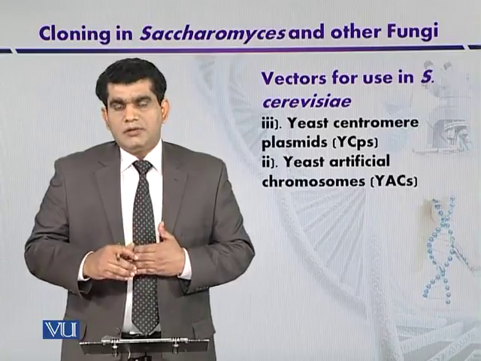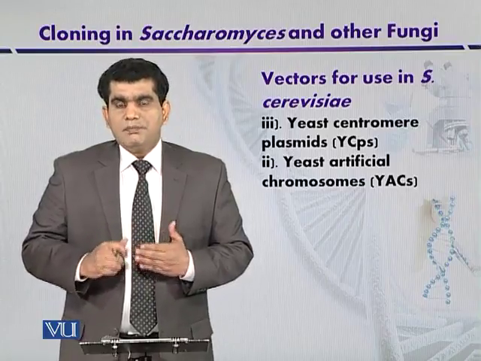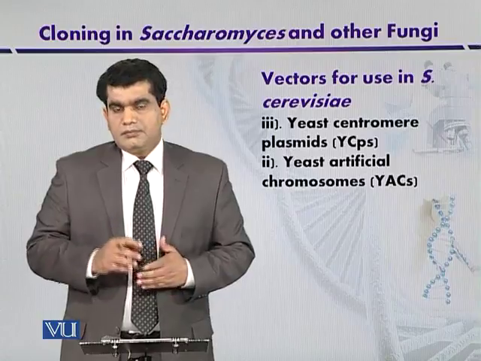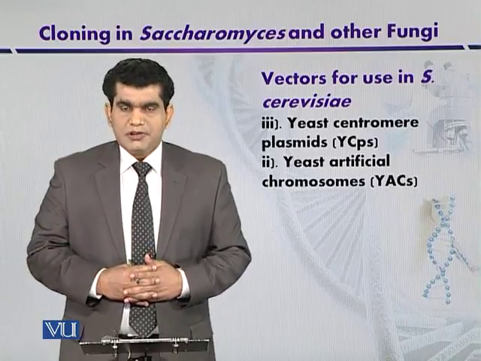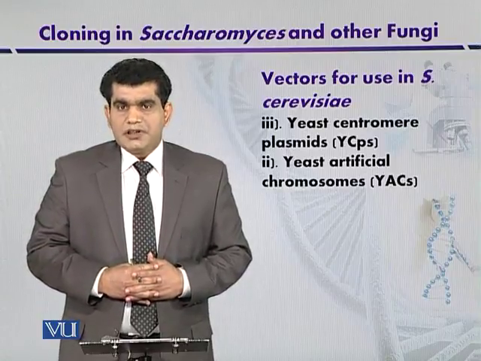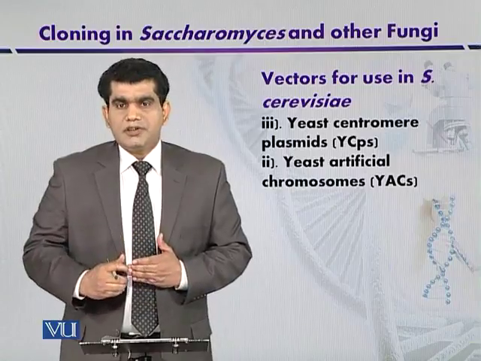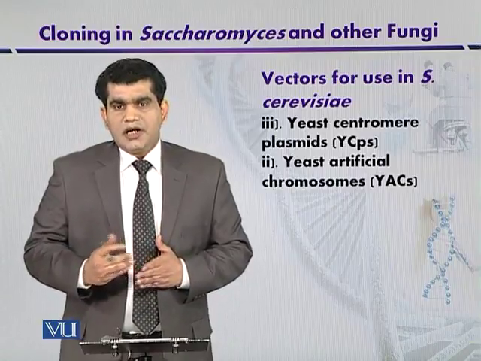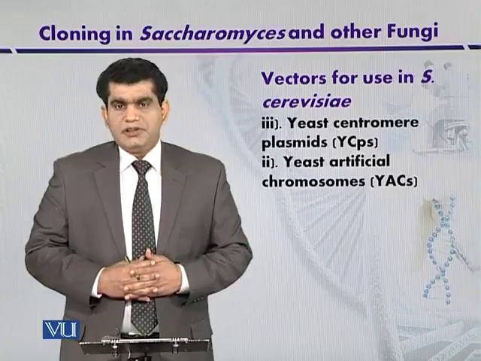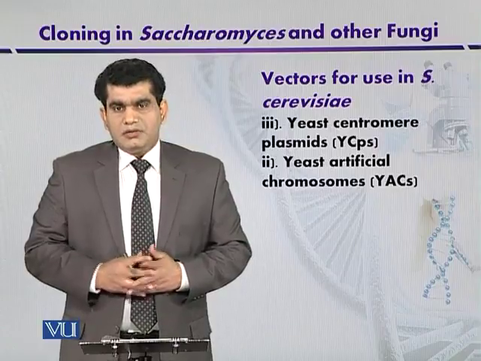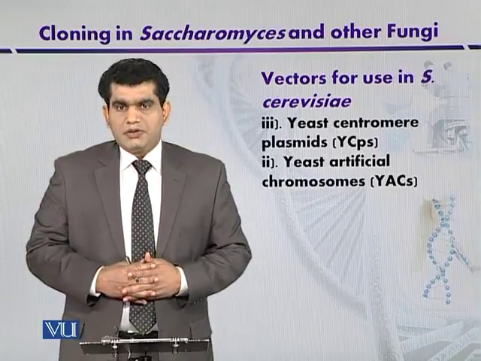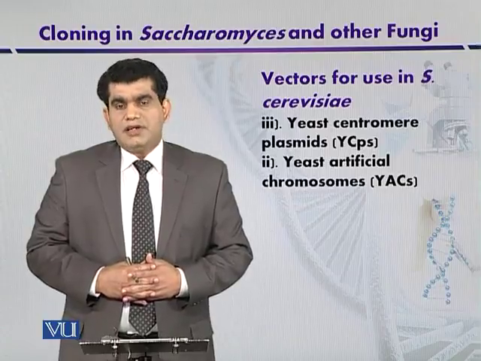Even the selectable marker like the ampicillin resistance gene has been taken from this plasmid, and all these properties have been combined with the tetracycline resistance gene or the region of replication with the yeast plasmid, and this example we are going to discuss in the next diagram.